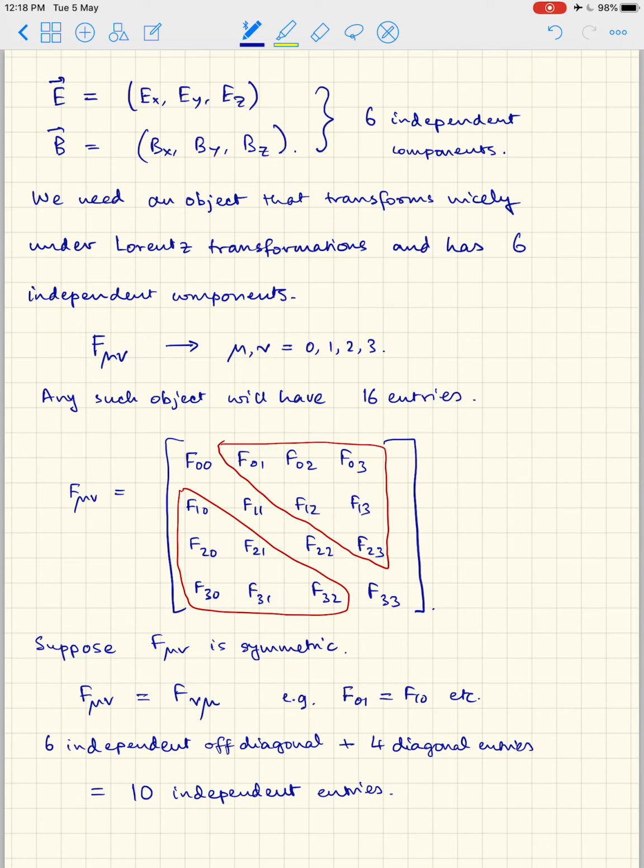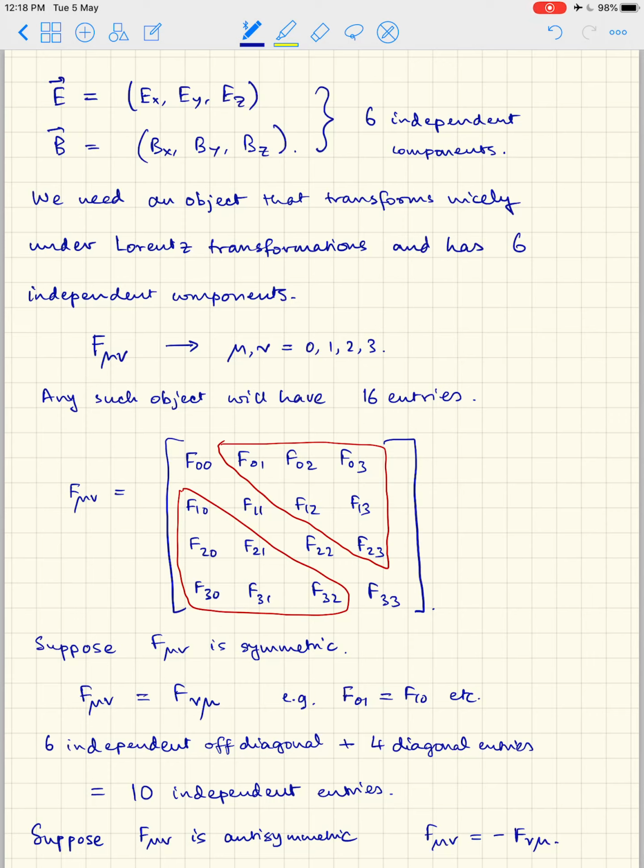Now suppose F mu nu is antisymmetric. That means F mu nu is equal to minus F nu mu. So what happens if that's the case?